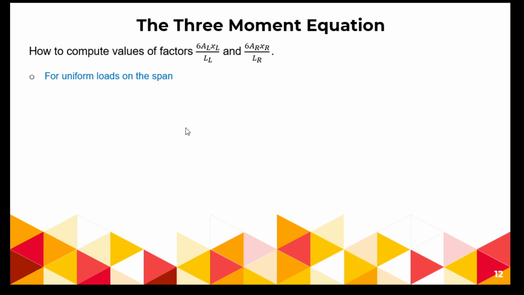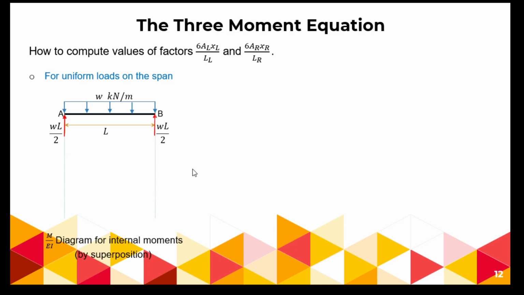So, for uniform loads on a span, kung uniform load ang span, assuming may W siya nga span, given L ang iya nga span. You're going to compute the reaction. You can draw the M over EI diagram. Paano ni siya?